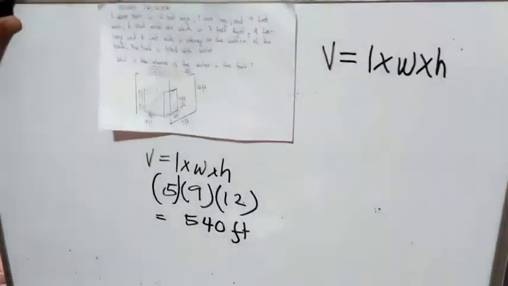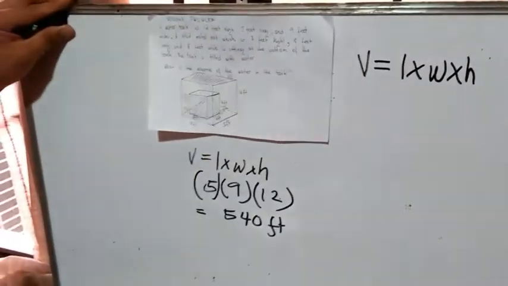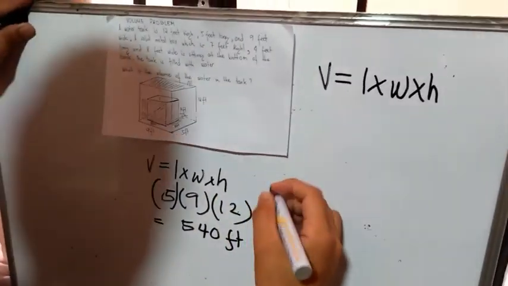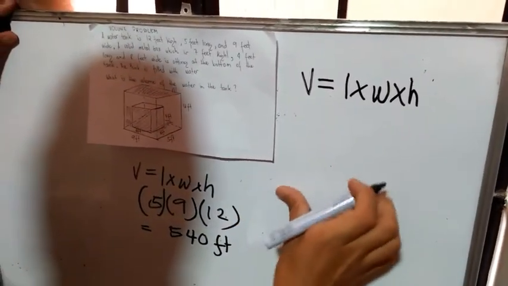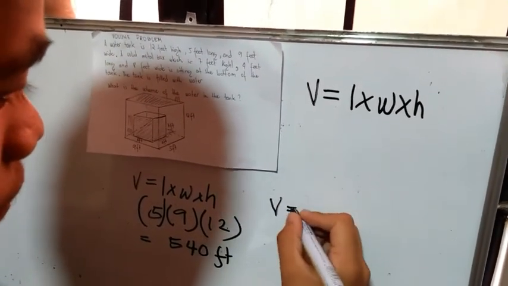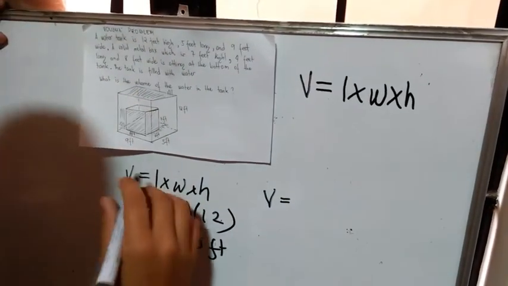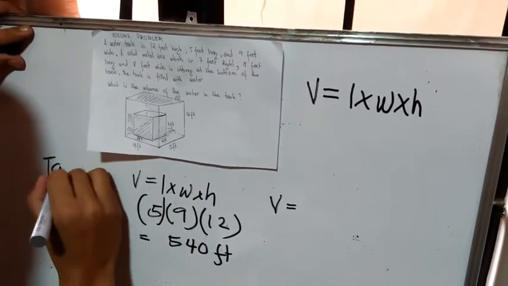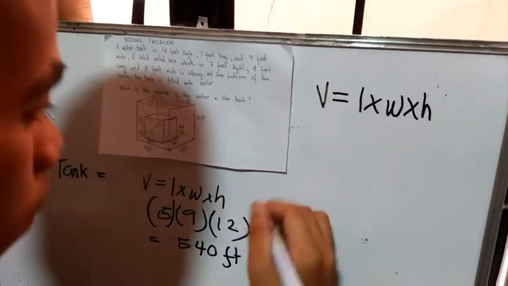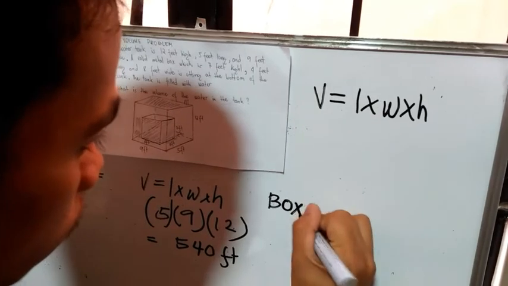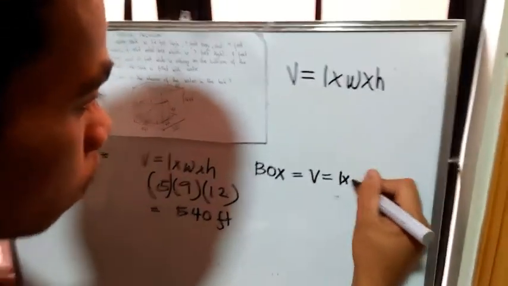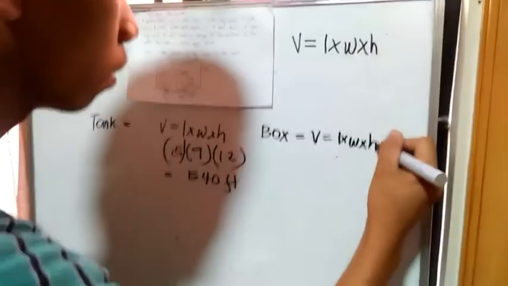Next, we solve the box. Same formula: volume equals length times width times height. This is for the tank, and this is for the box.